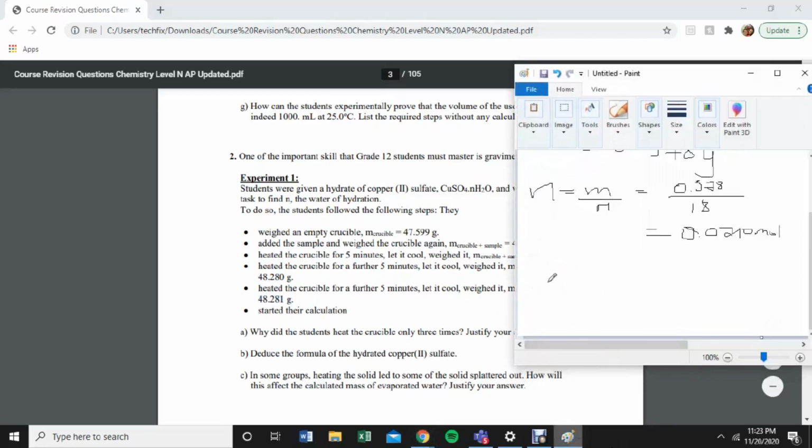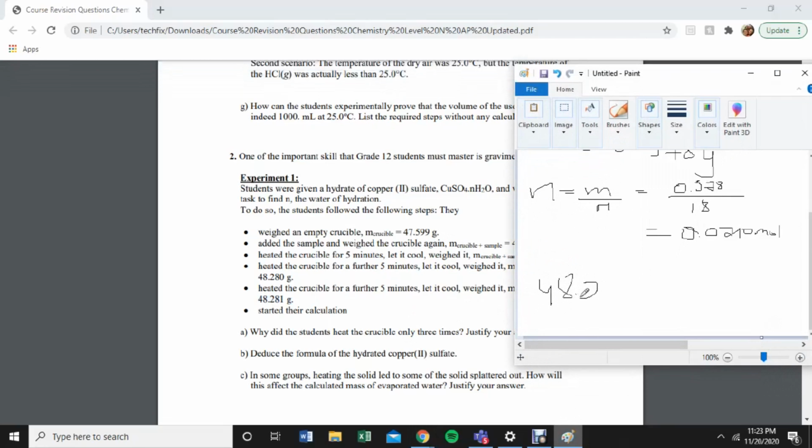So you do 48.281 minus 47.599. The mass you get is 0.682. Then to find number of moles, you do 0.682 over its molar mass, which is 159.61. You get it from the periodic table, and you end up with 4.27 times 10 to the minus 3.